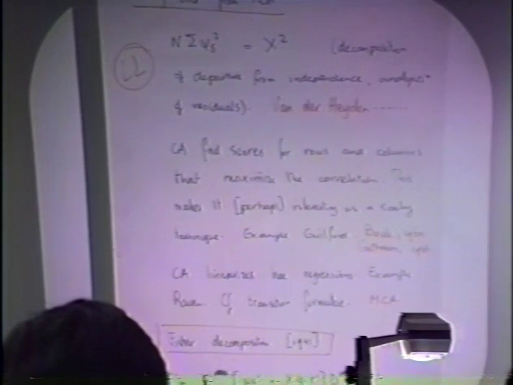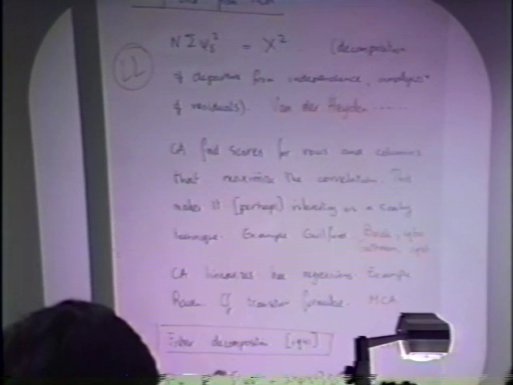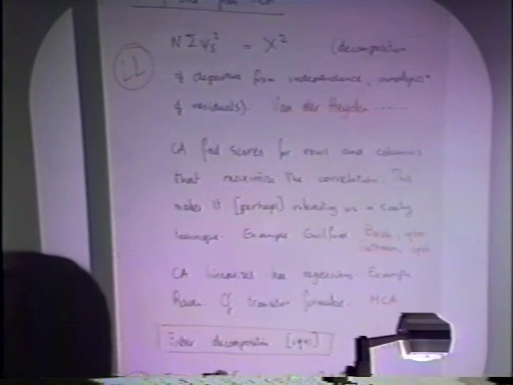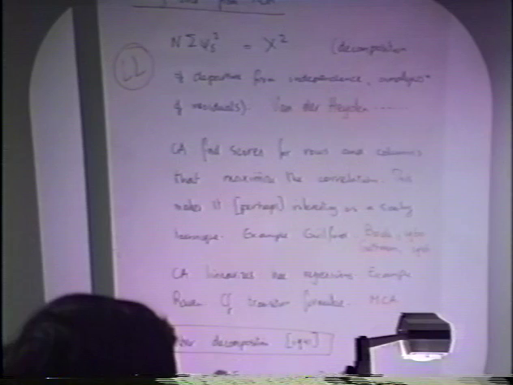Another interpretation of correspondence analysis is that it is a technique which maximizes the correlation, over all possible correlations that you can compute from a contingency table by assigning scores to rows and columns. That was a very long sentence. If you assign scores to the rows of a contingency table and to the columns, then you can compute a correlation coefficient.